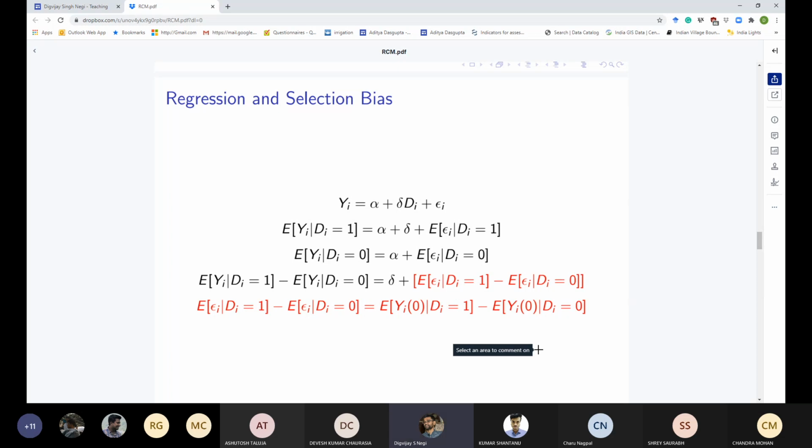Then you have to think about what factors may influence those unobserved potential outcomes, and either control for those factors in your regression, or think about a way of getting around them.